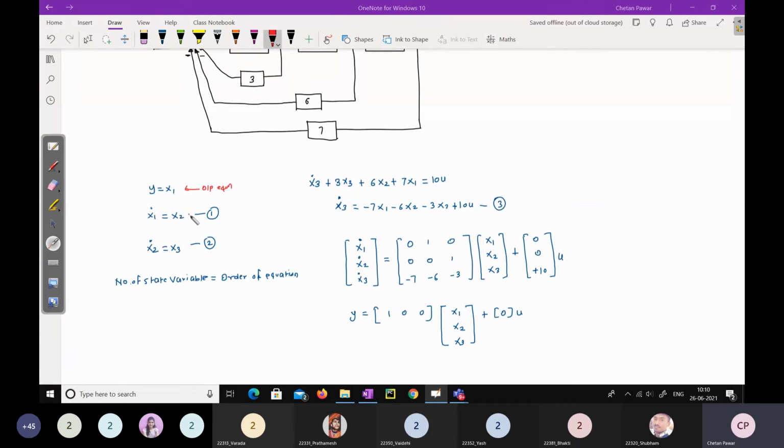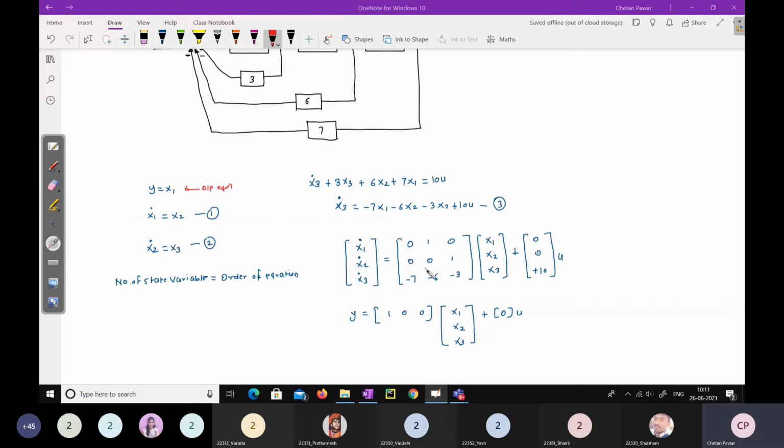So 1 into x2, and the x1 and x3 terms are 0. Let us see x2 bar. x2 bar is equal to x3, so there is only the x3 term: 1 into x3, and 0 for x1 and x2. Similarly, the inputs are 0 in these first two equations.